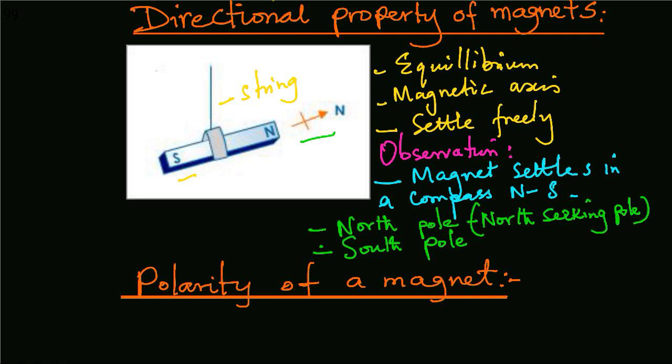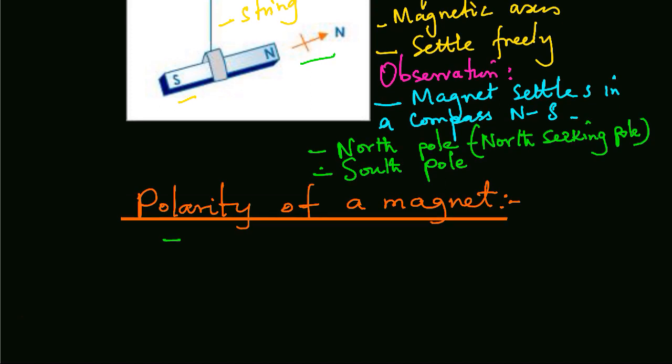Polarity of a magnet. As demonstrated from the diagram and as stated earlier, a magnet has two poles.